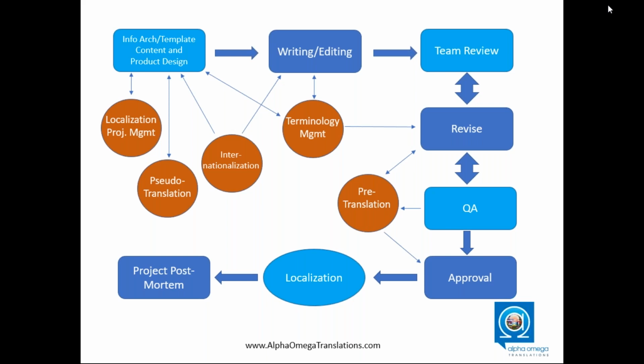The other thing that happens is that content development typically involves a technical communication team, and that team is participating in the product development from the very beginning. Whereas the localization team is often at a last-minute step.